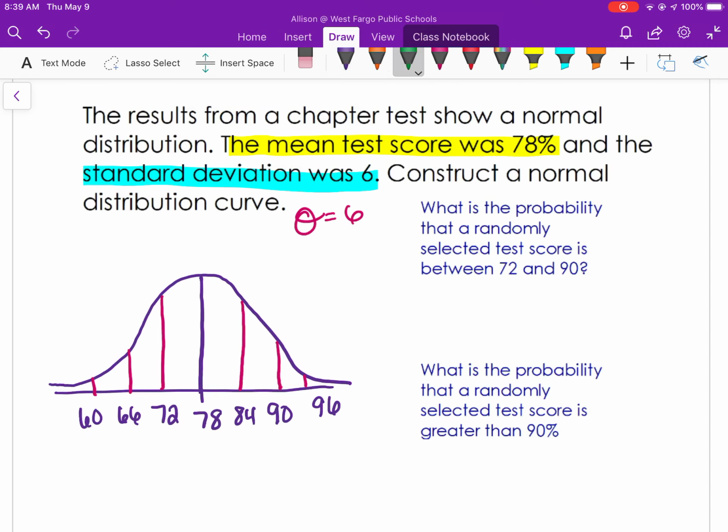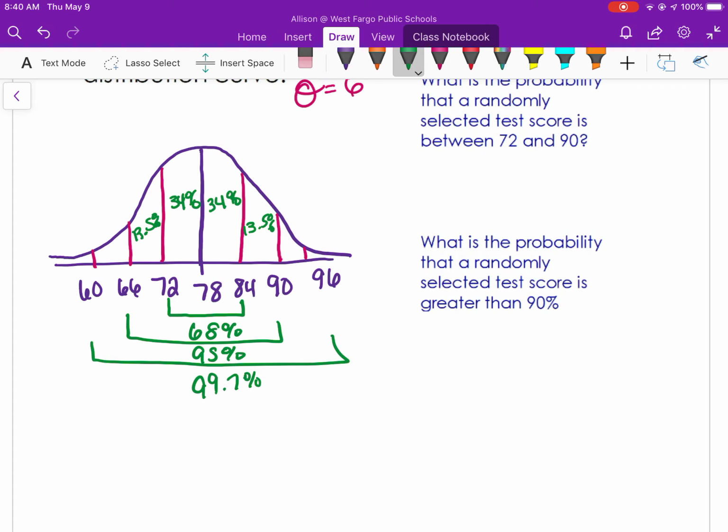Then to fill in the percentages: between 1 standard deviation, 1 away on the right and left, is 68% of the data, which gives me 34% in each. 2 standard deviations away is 95% of the data, which gives me 13.5% in each of these. 3 standard deviations away is 99.7% of the data, which gives me 2.35% in this one and 2.35% in this one.